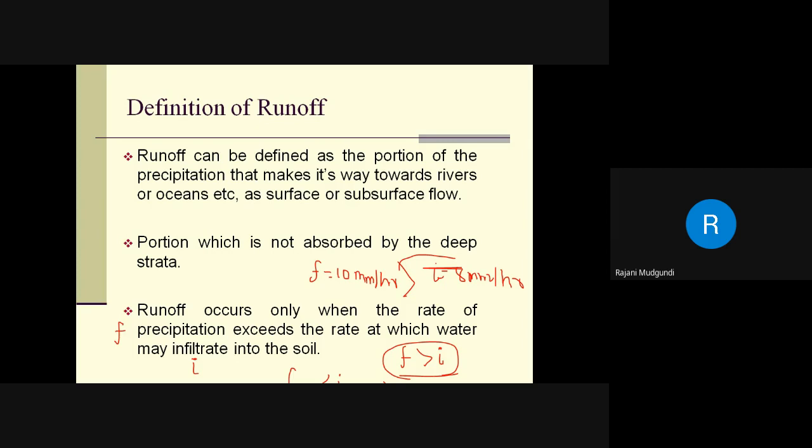So the soil will still have the capacity to retain water at a rate of 2 mm per hour. So when the rainfall exceeds the infiltration capacity of the soil, only then will runoff occur. Only then will the excess water be available on the soil, right? For understanding this simple concept, you can take an example of bread, which is porous in nature.